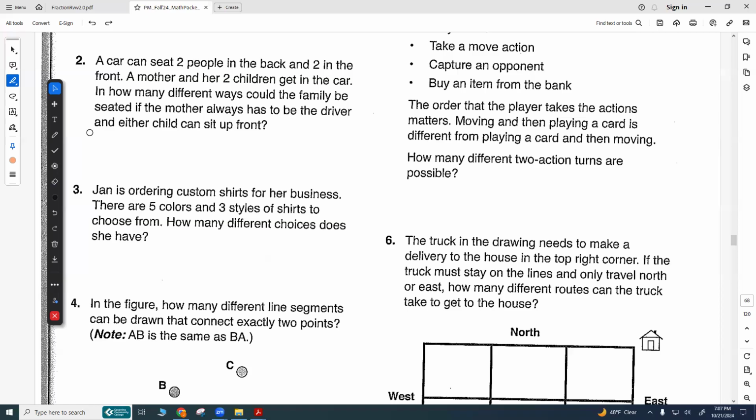So how many total choices are there? Eight? Well, 5 colors and 3 styles, you're just gonna add the numbers.